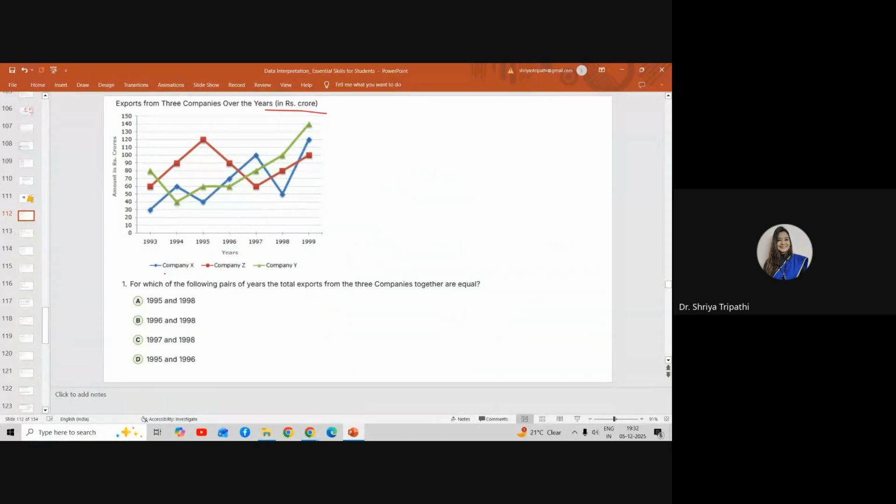Company X indicated with blue, red, Z, and Y. For which of the following pairs of the years total exports from three companies together are equal? Now this shows entire which country, right? Country wise. Now company wise, sorry. Which pairs of years the total exports from three companies together are equal?